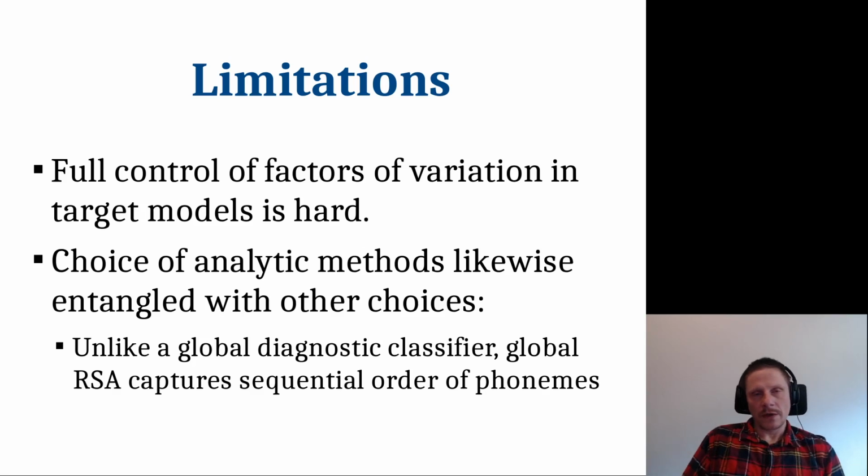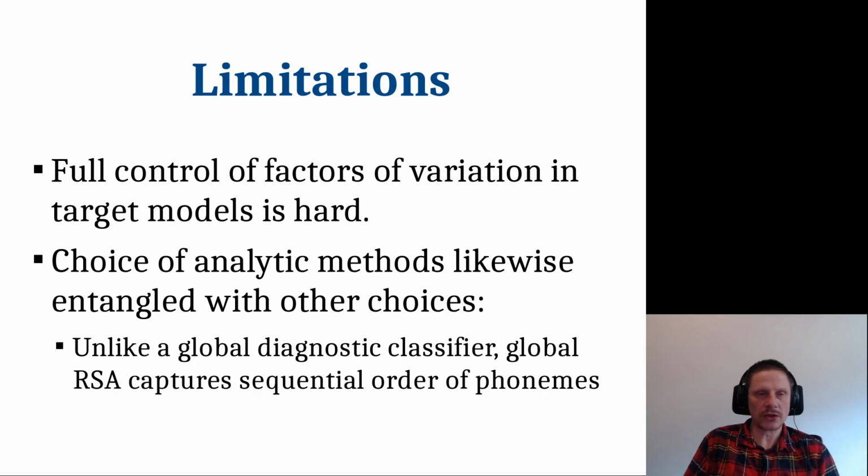So one thing we have also seen in the course of this work is that there are some limitations which are very hard to get around. We tried to have a properly controlled set of experiments, but full control of all the factors of variation in target models is not always possible.